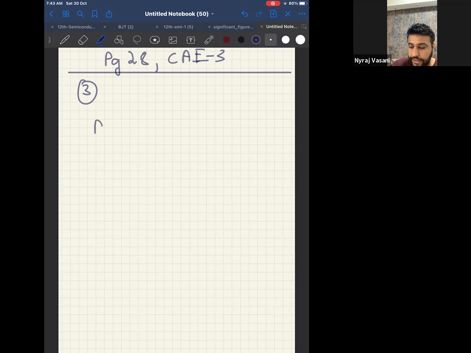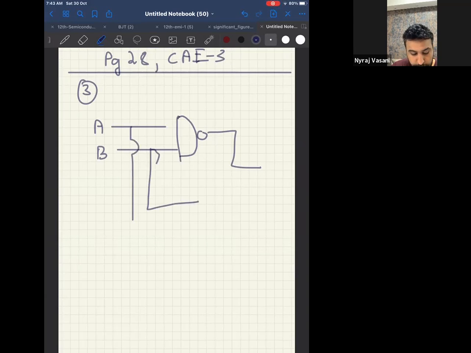And the question is, produce the truth table for the following circuit.